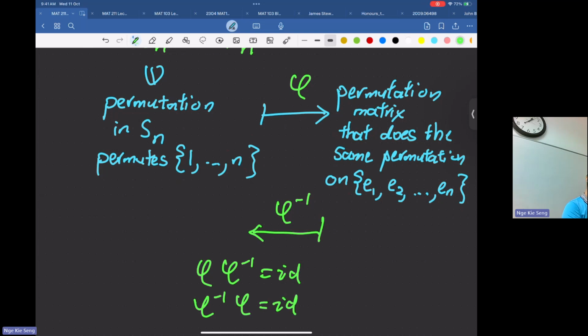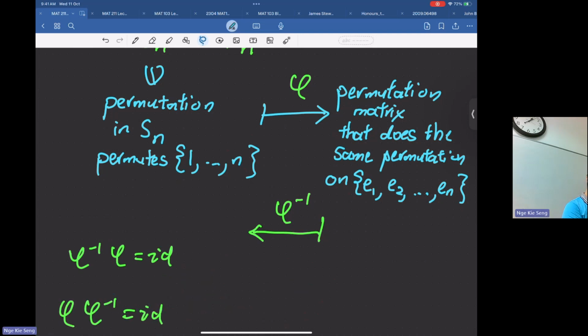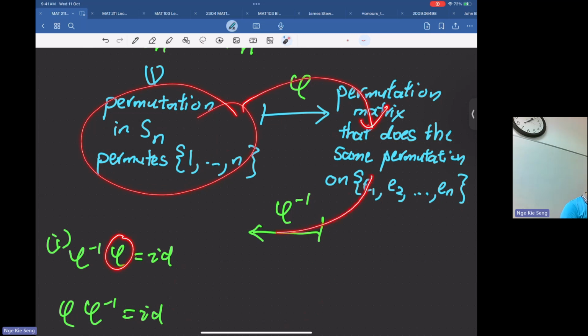Okay, I'm going to tell you what this means. For example, if I do the first one, I start with a permutation, and then I send it across by phi, and then I send it back by phi inverse. I should get the same permutation in Sn.